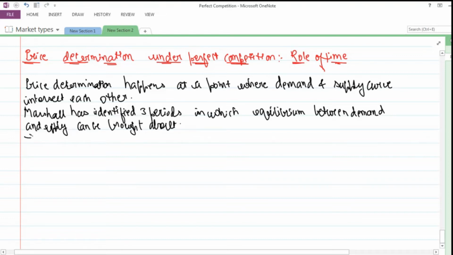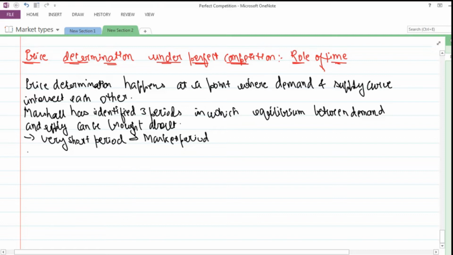Now these three periods are very short period, which is also known as market period.